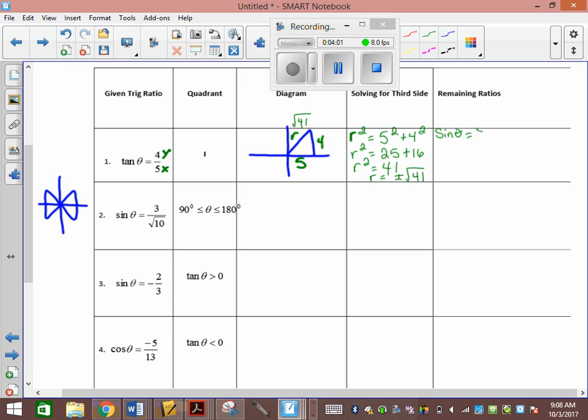So it's going to be 4 over square root 41. And then what do we have to do? Rationalize the denominator. So it's 4 root 41 over 41. Then I want you to do secant.